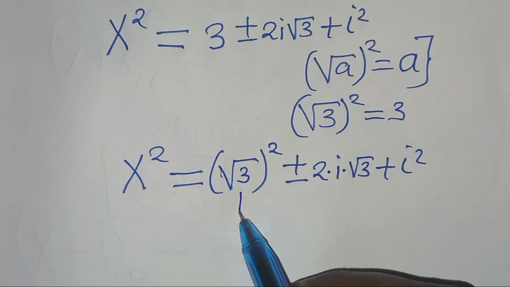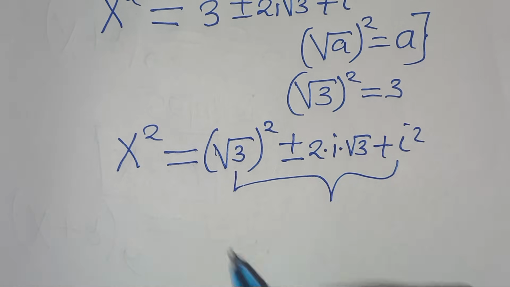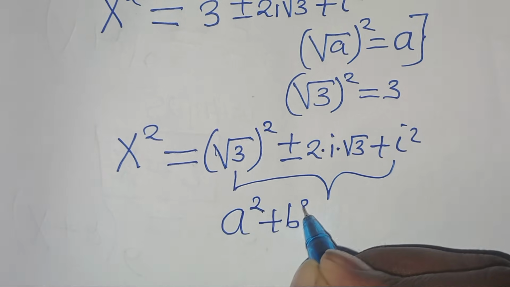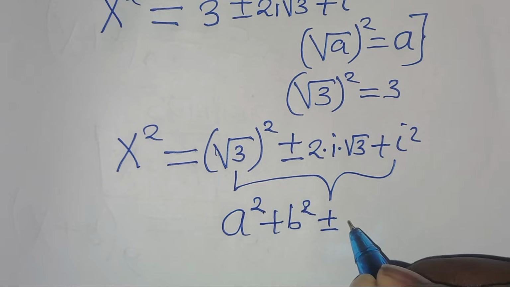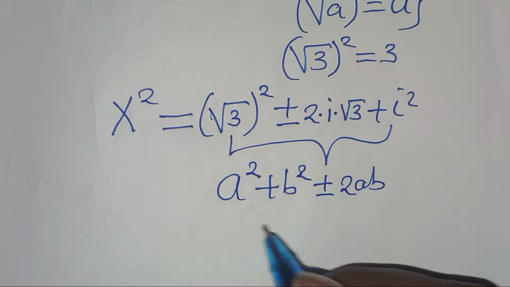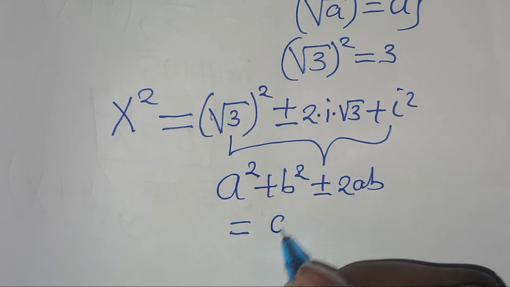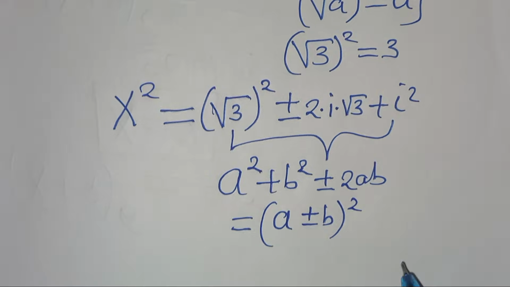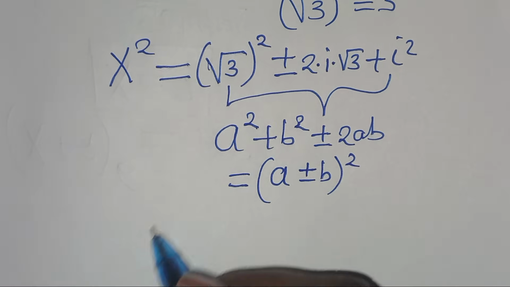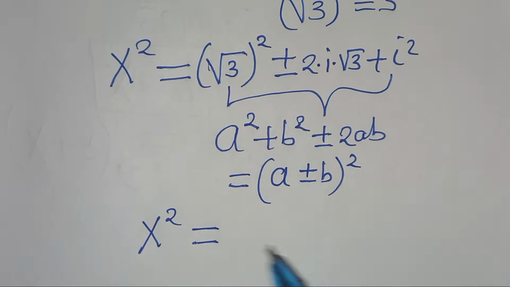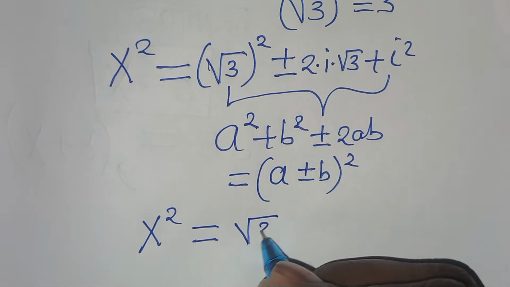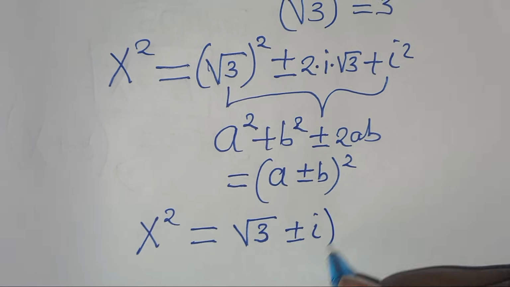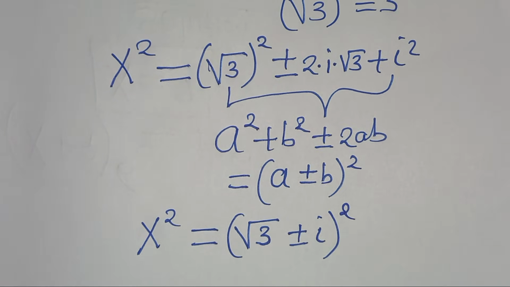Now, this is in the form of a squared plus b squared plus or minus 2ab, which we can express as a plus or minus b raised to the power of 2. Applying this property, then we have x to the power of 2 equal to square root of 3 plus or minus i raised to the power of 2.